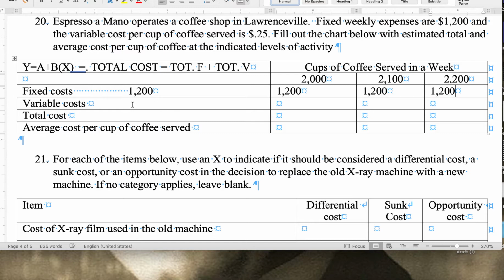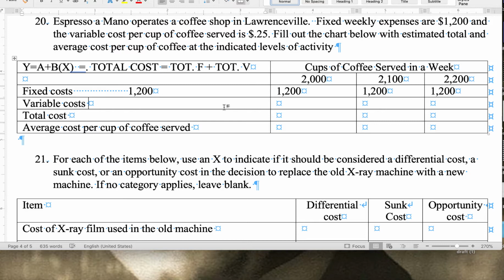Now we got to figure out the variable cost. Okay, so remember how variable costs behave. On a per unit basis, they remain the same. However, in total, variable costs change in direct proportion to changes in levels of activity. That makes perfect sense. Because think about it. The more cups of coffee we serve, guess what?